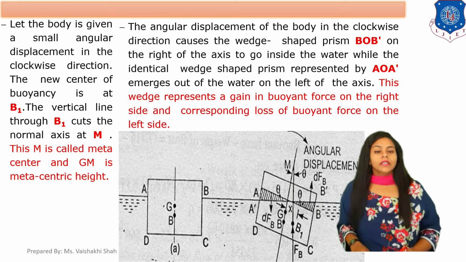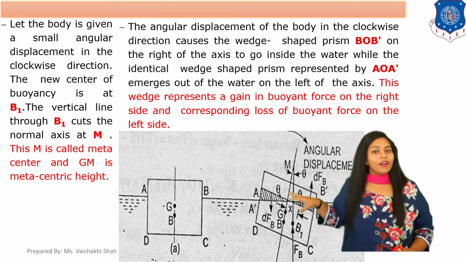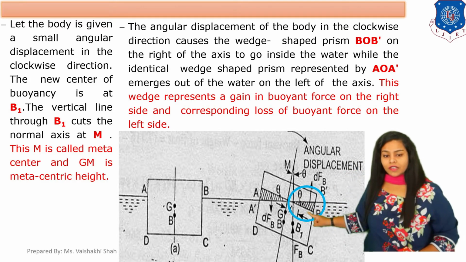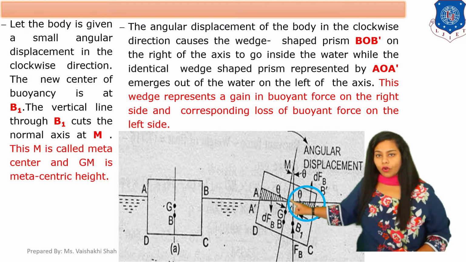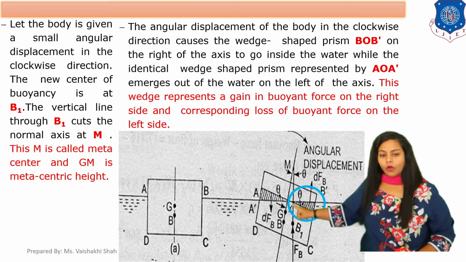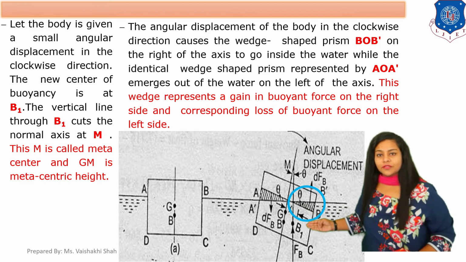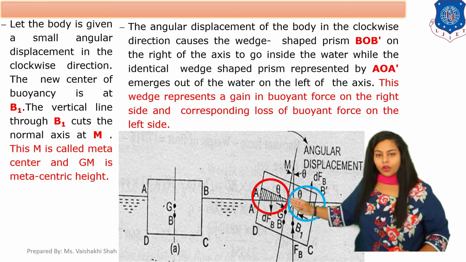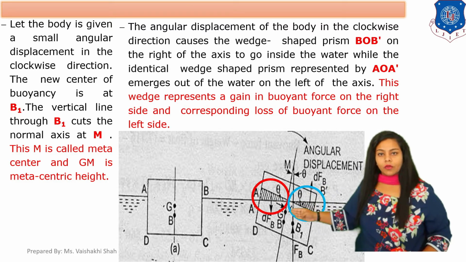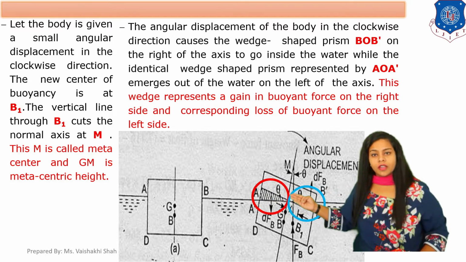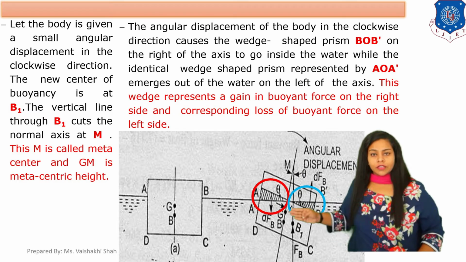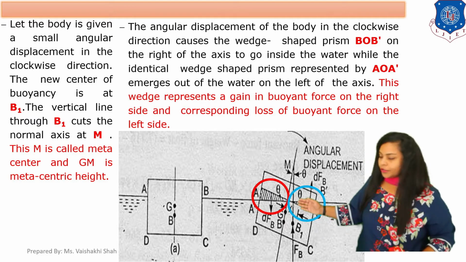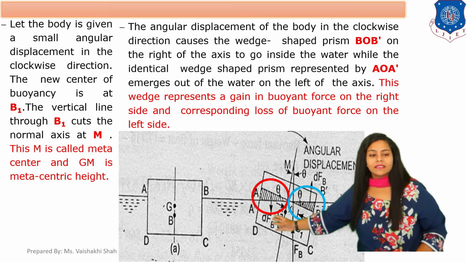Okay. Now the angular displacement of the body is in clockwise direction. As you can see here, there are two triangles. First, the center point is O, triangle O B dash B. This triangle goes inside the water, and the other triangle O A dash A comes out of the water. Due to tilting, this goes inside and this comes outside.